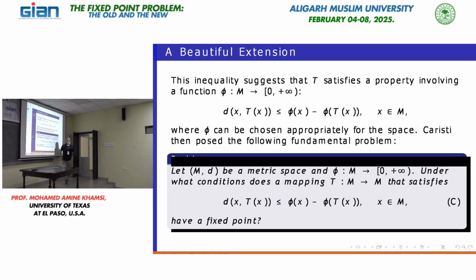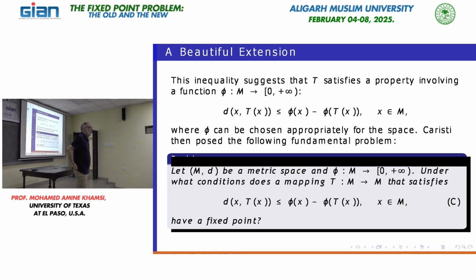Now, what's the problem? What did I tell you? The question was to find what? What Kirk asked James: find another proof to the Banach contraction principle. By playing, he came up with a few steps to this problem that you see on the screen. And then he said, wait a minute. T equal identity satisfied it. But guess what?